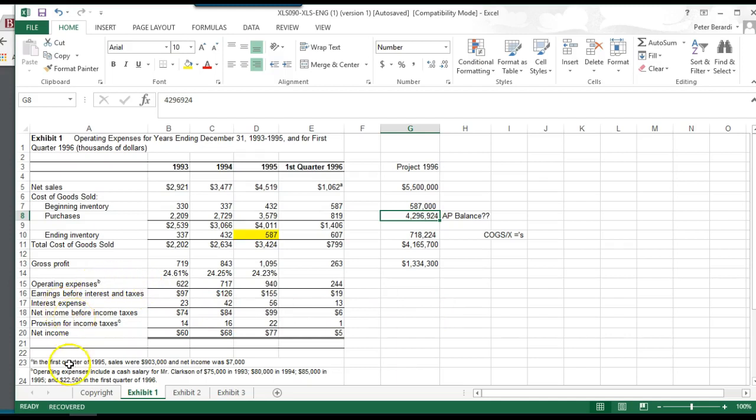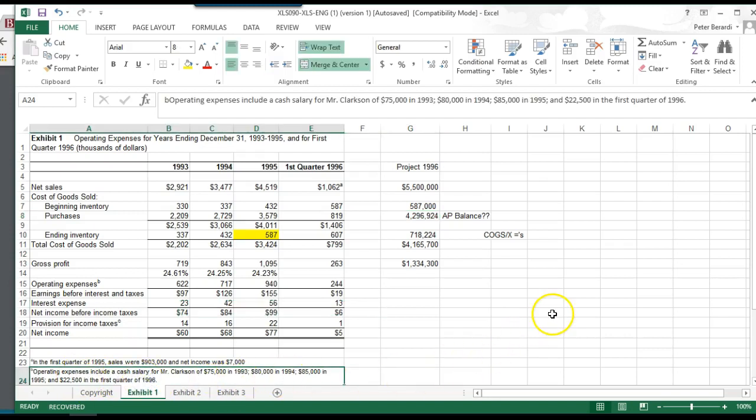Operating expenses. Operating expenses include cash salary for Mr. Clarkson, 85, 22,500 in the first quarter of 1996, so 22,500 times 4 quarters is 90,000. So he gave himself a raise from 1995, a $5,000 raise.